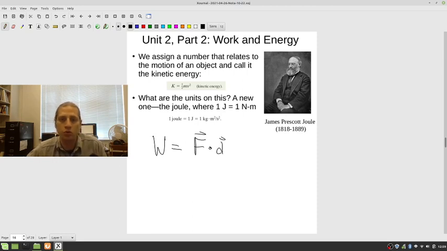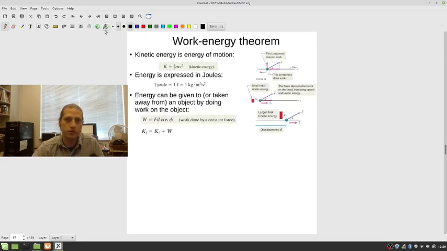Okay, so force times distance gives work. Work has units of energy. It causes changes in kinetic energy and has units of joules. So to state it again, doing work on an object will cause it to speed up or slow down. There is an extra little detail here, which is that it needs to be a force that's in the direction of the motion.